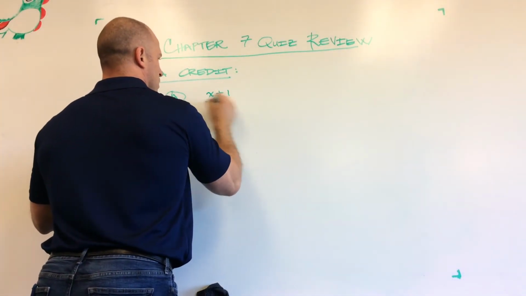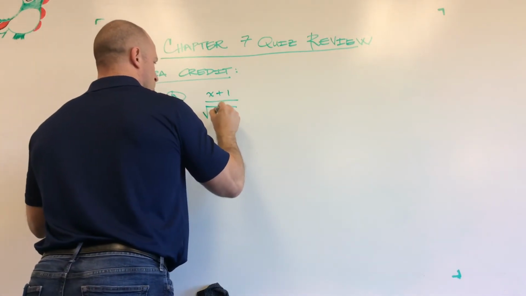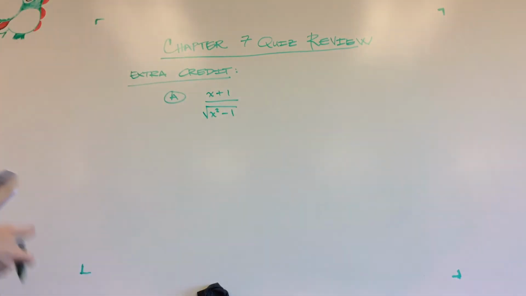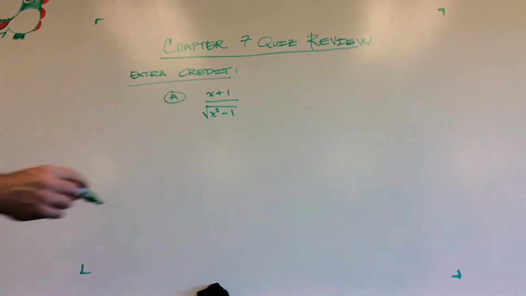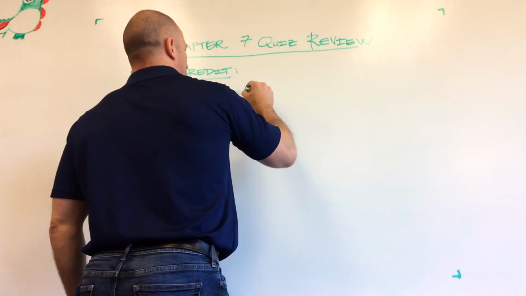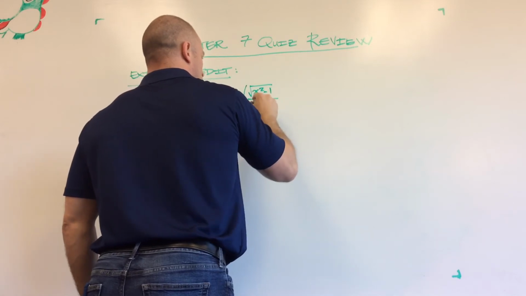X plus 1 all over the square root of x squared minus 1. All right, well, we know we can't leave a radical on the bottom, so we need to rationalize the denominator. In order to do that, we can just multiply the top and bottom by this radical right here. So we'll multiply top and bottom by square root of x squared minus 1.